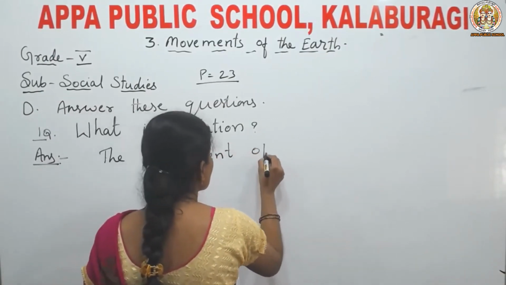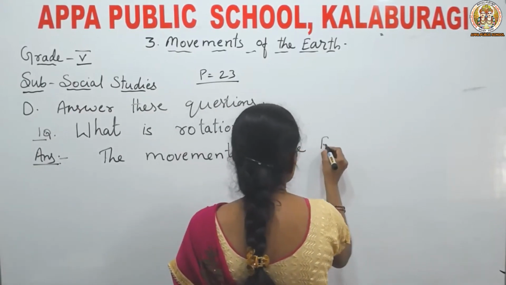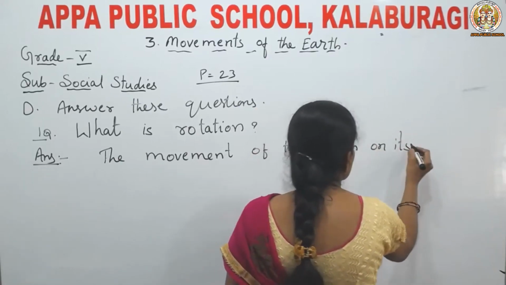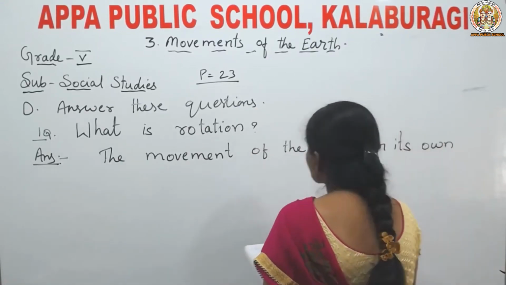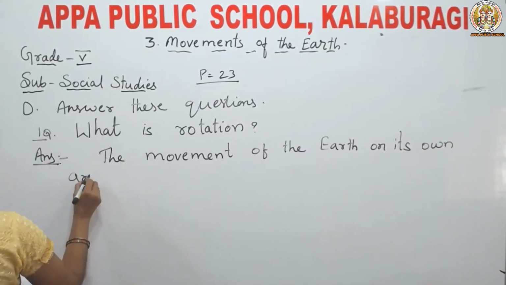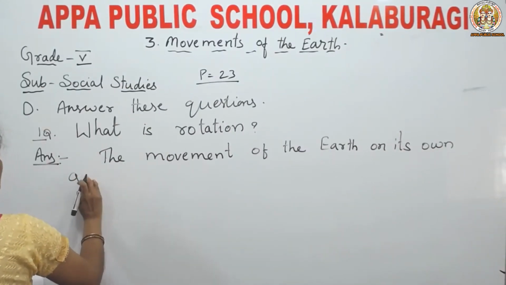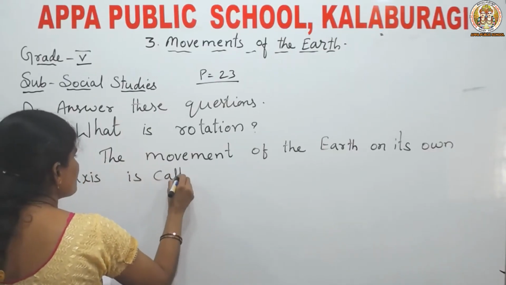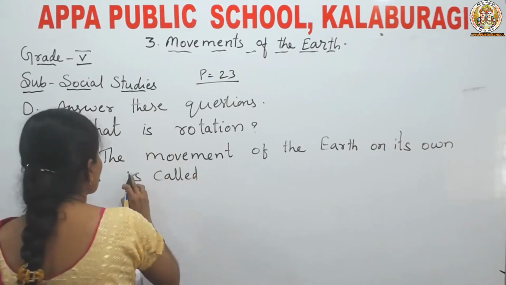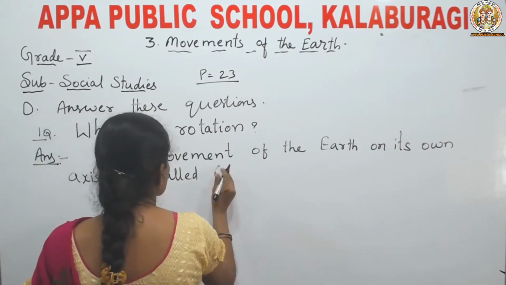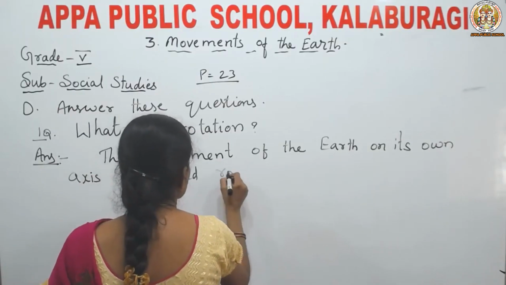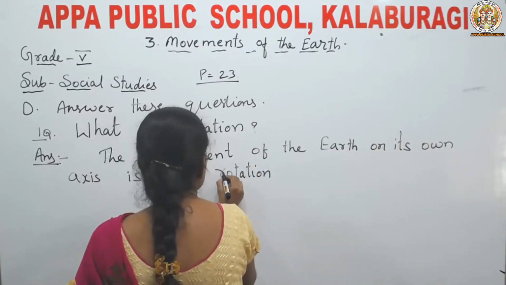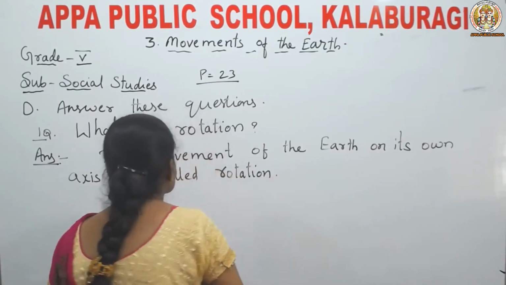The movement of the Earth on its own axis is called rotation.